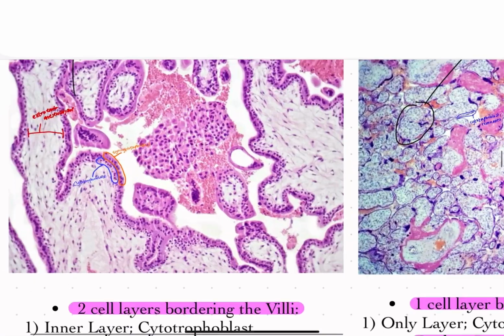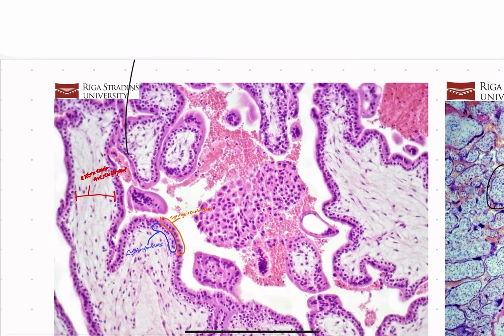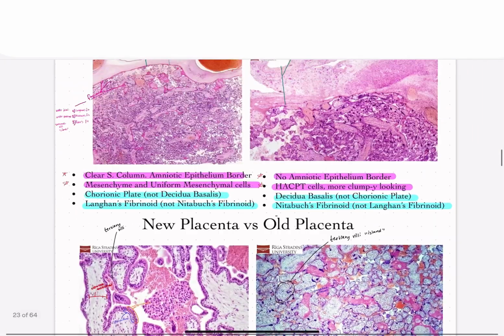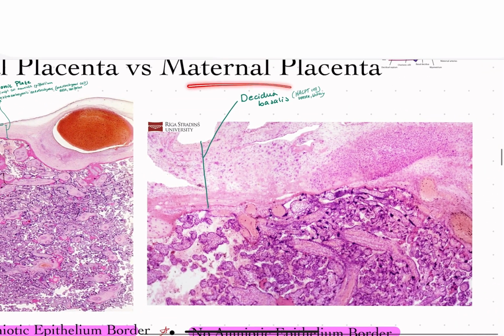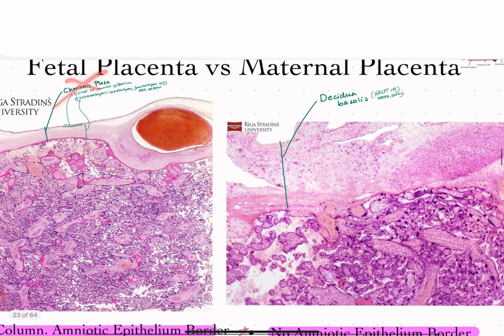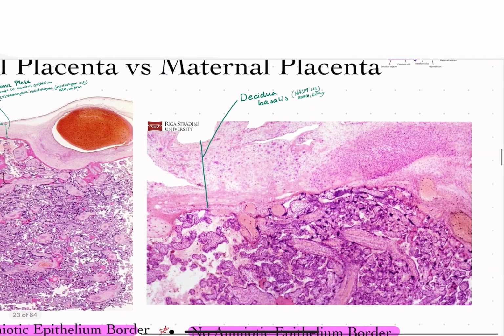So if we go down into a tertiary villi right here, all of this white area is also the extra embryonic mesenchyme. Even if we're in the maternal side of the placenta, this being the decidua basalis, not the chorionic plate, because again we're in the maternal placenta, then the tertiary villi here will also still be made up of extra embryonic mesenchyme.